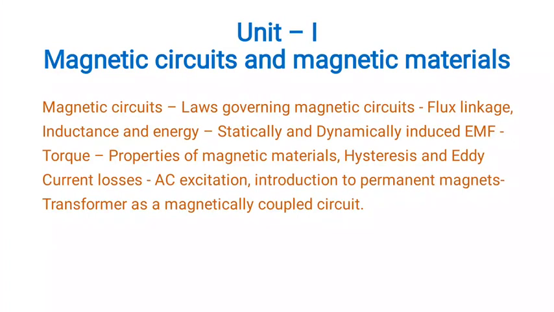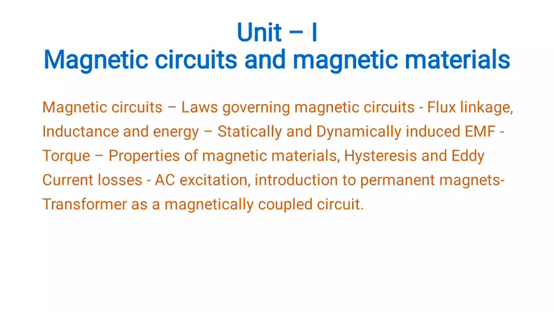So this is our first unit, magnetic circuits and magnetic material. So what are the points you have to discuss in this unit: you have to know about what is magnetic circuits, what are the laws governing in magnetic circuits, what do you mean by flux linkage, inductance and energy, and statically and dynamically induced EMF, what is the torque, properties of magnetic materials.